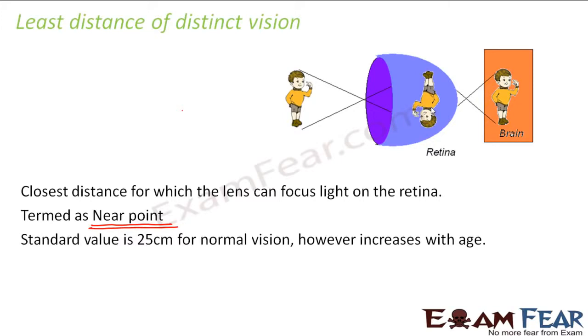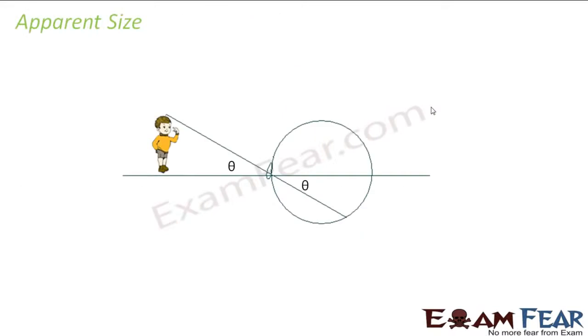So as a result, they are not able to expand and contract smoothly as and when required. As a result, the change in the focal length is not very smooth, and therefore the image formation does not take place on the retina. So the image is either formed before the retina or beyond the retina. So as a result, the object is not viewed properly.